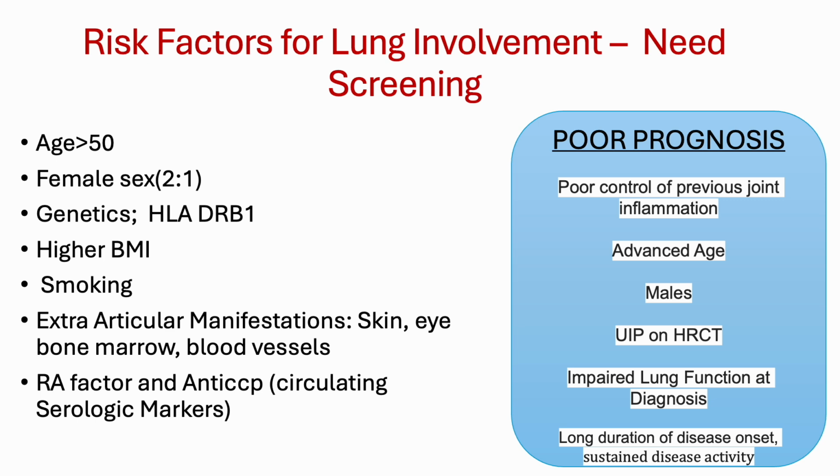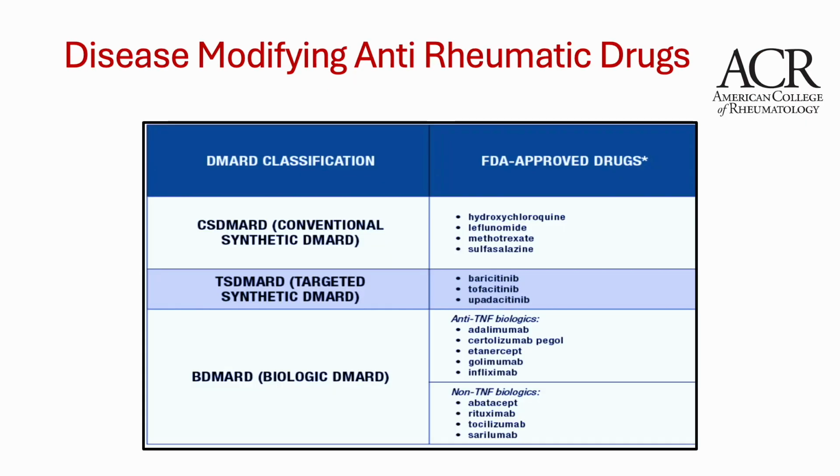It's seen the higher the circulating markers, the more risk of lung involvement, and the higher duration since the patient developed rheumatoid arthritis, the risk of developing lung involvement will be more. So, a patient who's been having rheumatoid arthritis for past 20 years walks into your OPD, please do screen the lung compared to a patient who was just diagnosed last year with joint disease and does not have any lung related symptom.